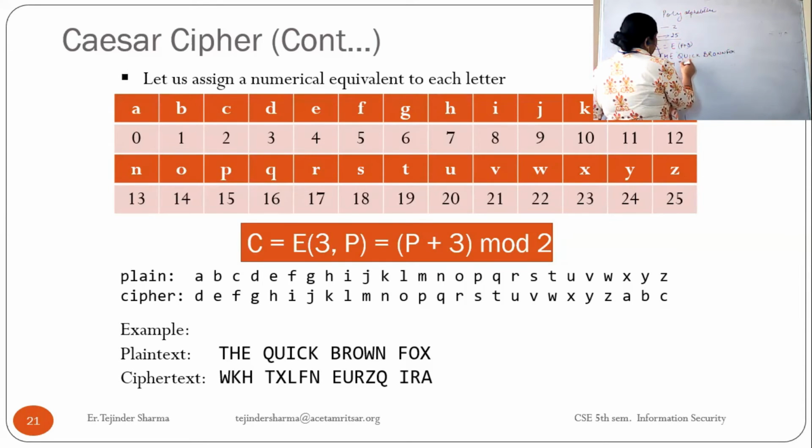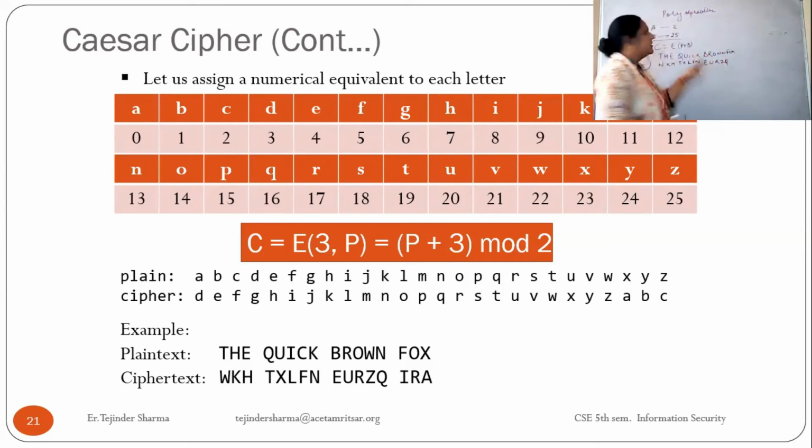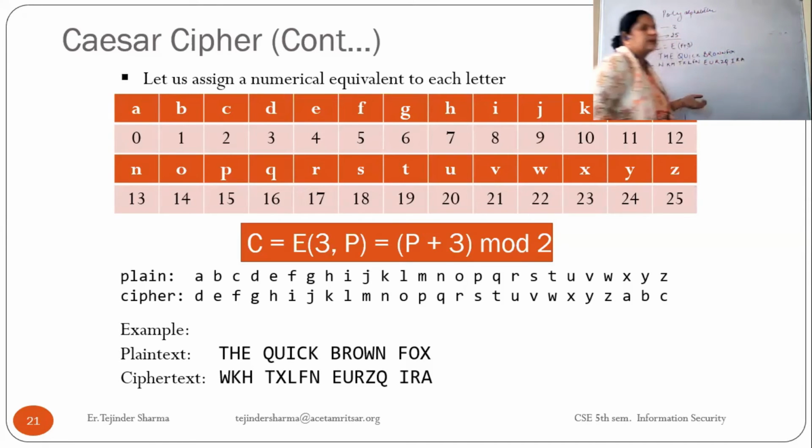T, X, L, then F, N. Then you will retrieve E, Q, just like this. Then F is at the fifth position, so that will be I, O, then O for R, then X is A. Because if the alphabet finishes at 25, you move back to the first position.